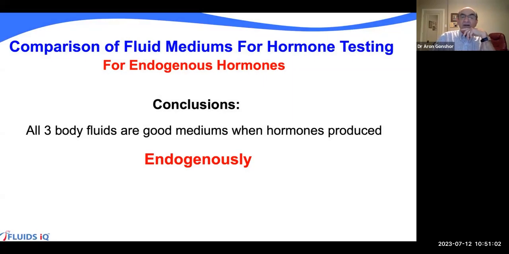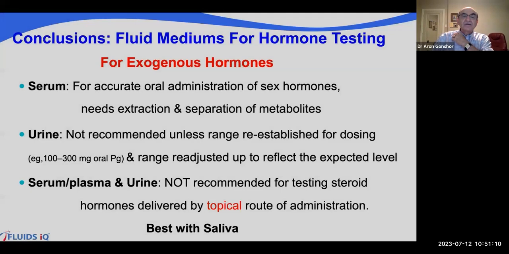So, comparing fluid mediums for endogenous hormones, all three body fluids are good for endogenous. And for exogenous, serum for accurate oral administration of sex hormones will need extraction and separation of metabolites. So be careful.